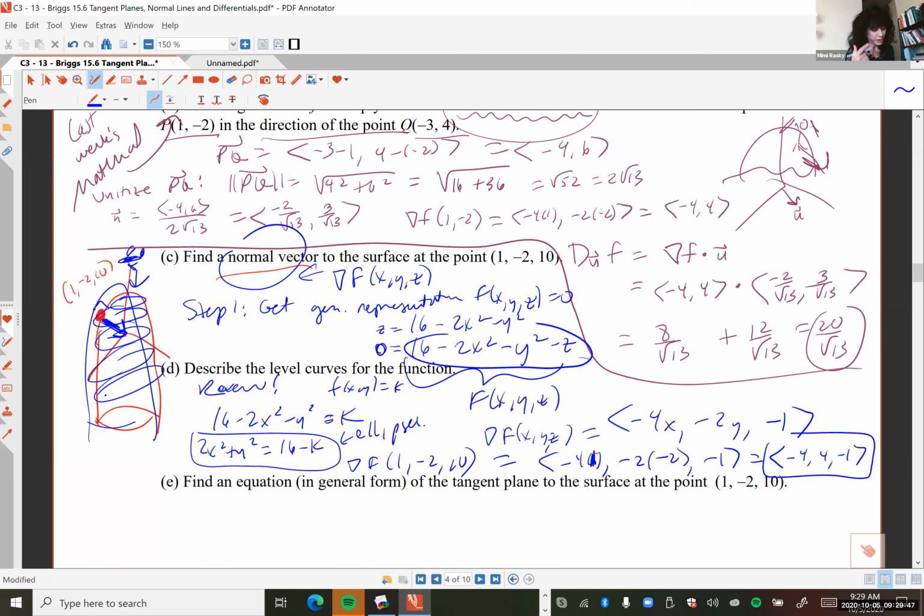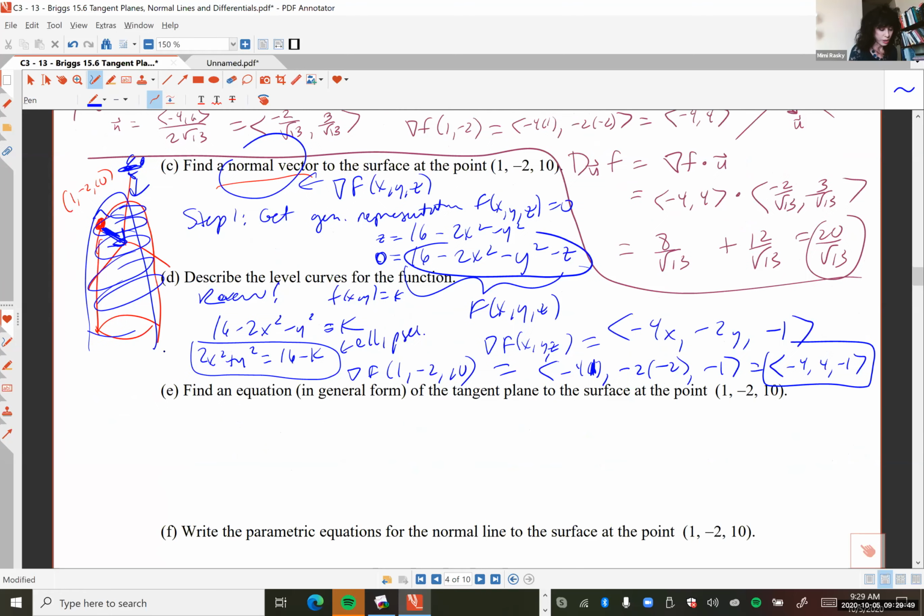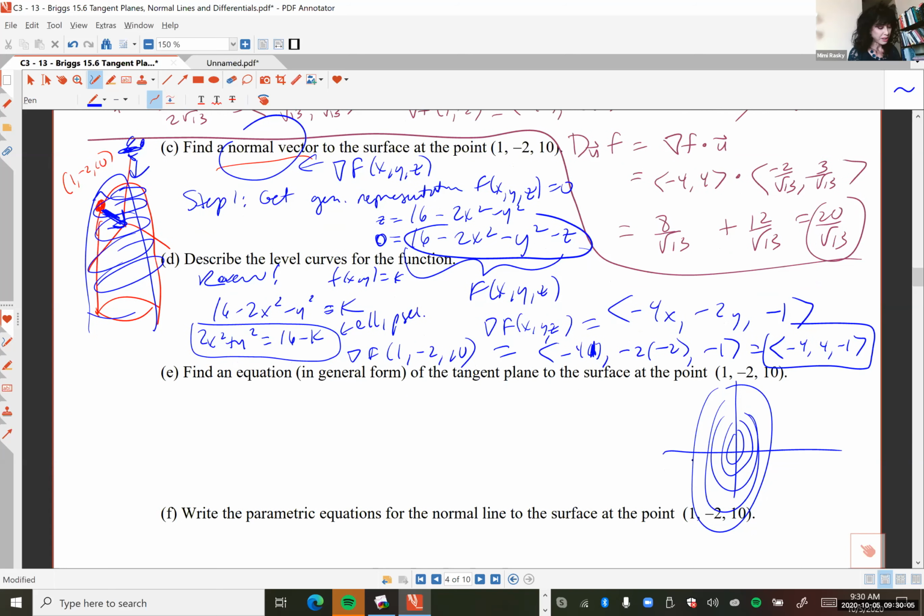If you were to draw a contour map, it would most likely look something like this, where you're looking down on this paraboloid from above. So that would be graphing your level curves, which I'm not asking you to do, but that's just a general thing.